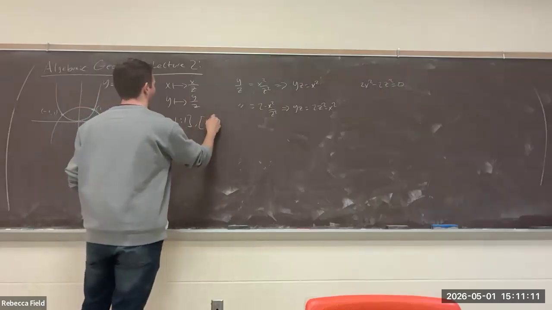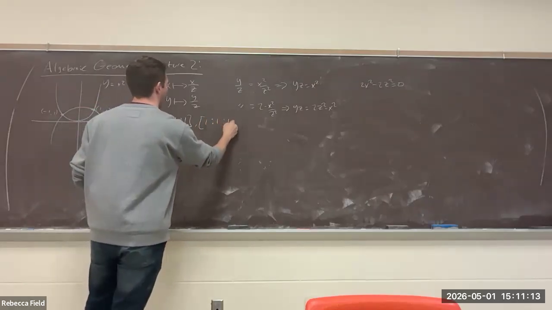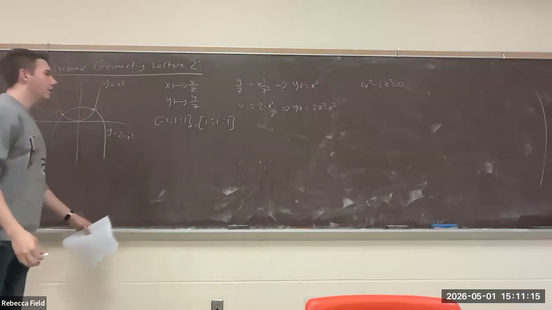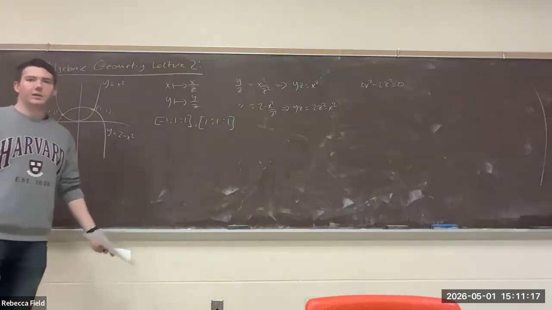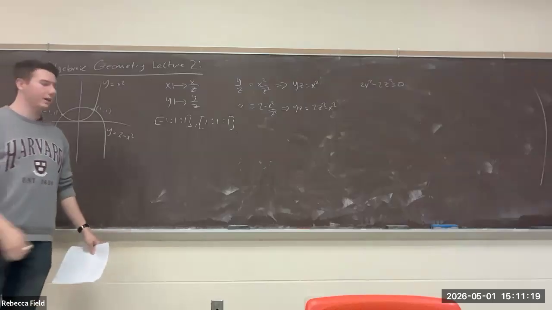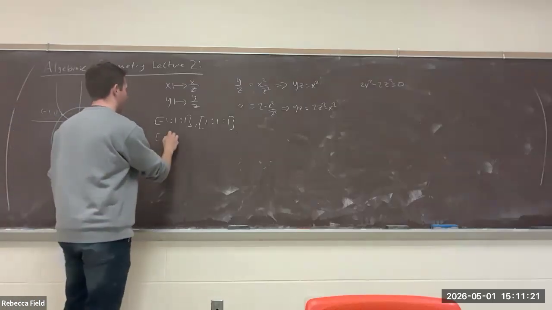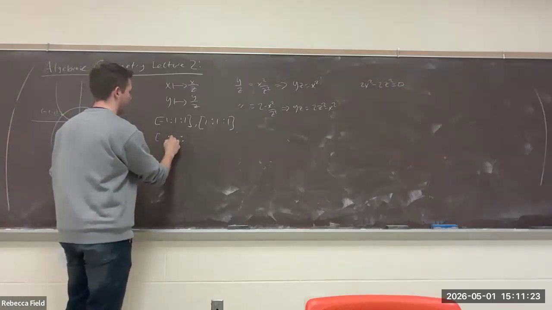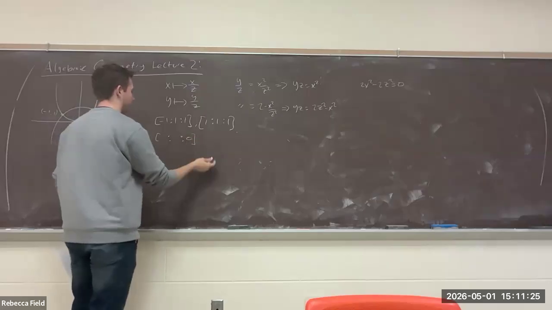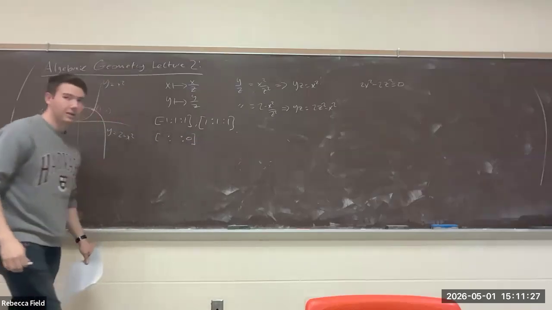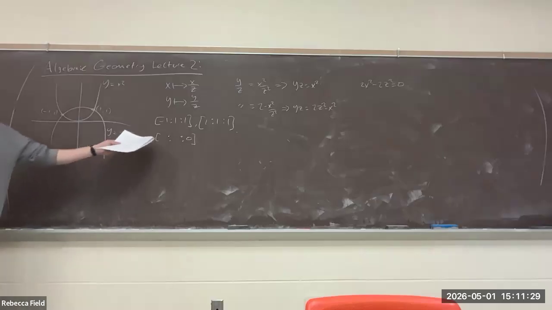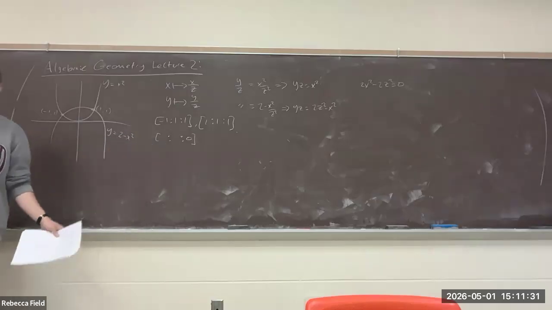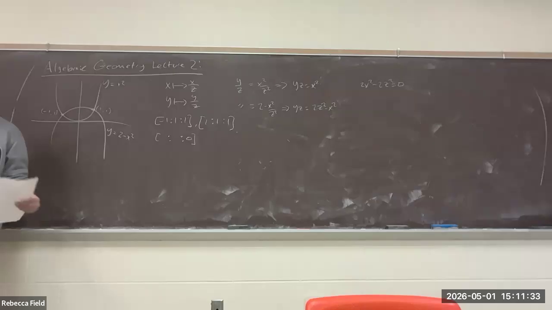Similarly, we have [1, 1, 1]. But now we want to do something on the line at infinity, so we're going to pick something and 0, and then I'm going to claim that there's actually no fourth point and that there's multiplicity 2 at this point. And then I'm going to explain what that means, and we're going to work out why this makes sense.